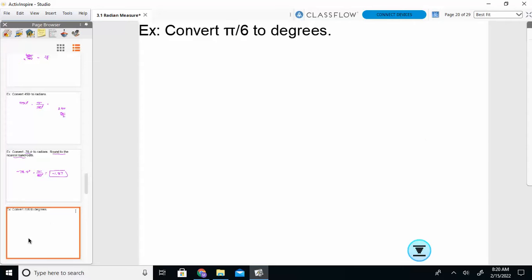Okay. Let's go the other way. If I asked you to change pi over 6 into degrees. So pi over 6 is radians. What would I multiply by? 180 over pi. All that happens is you flip that fraction.